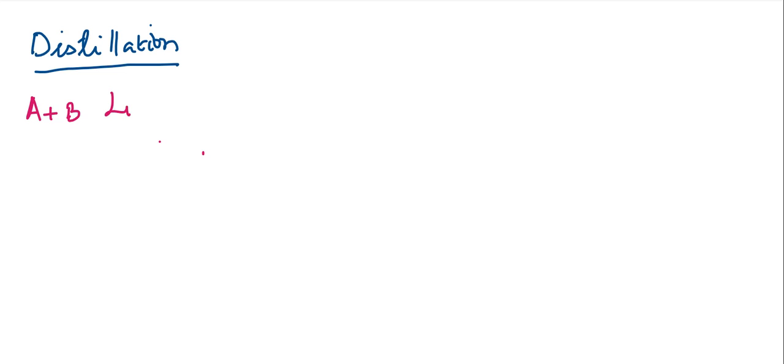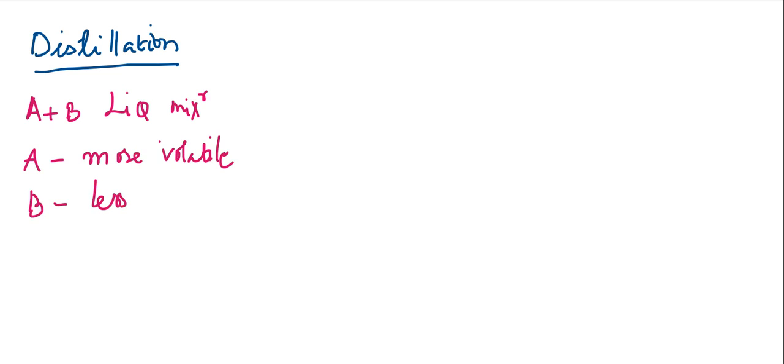So this is a liquid mixture, and let us assume A is the more volatile component and B is the less volatile component. We should know what more volatile or less volatile means.